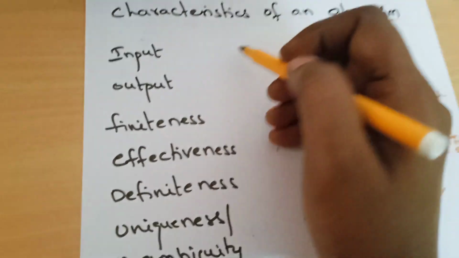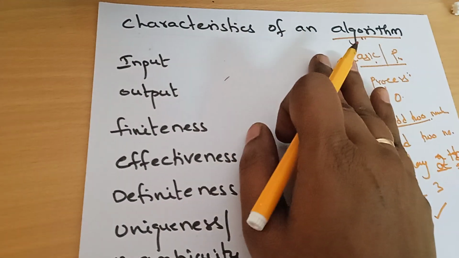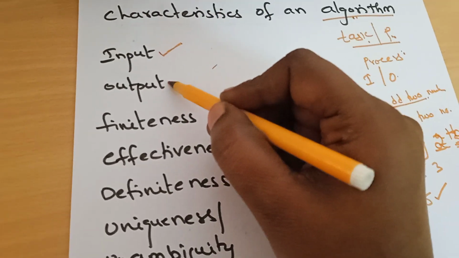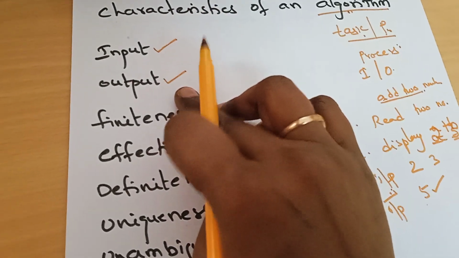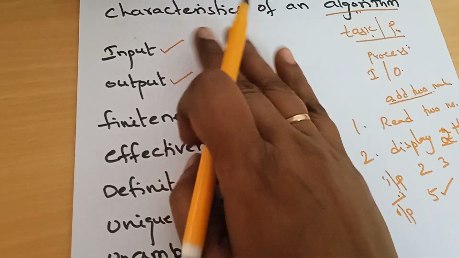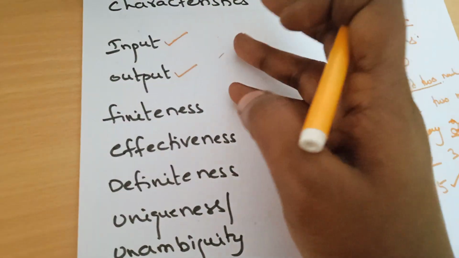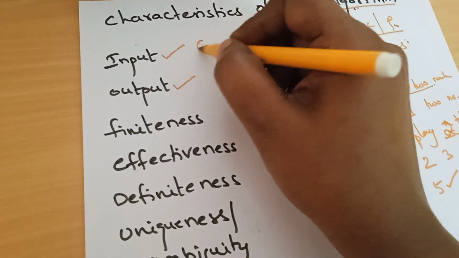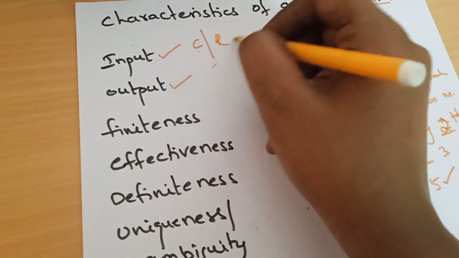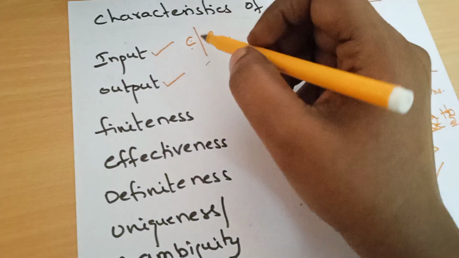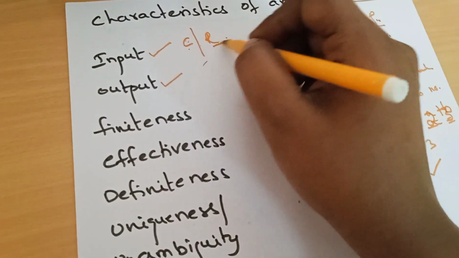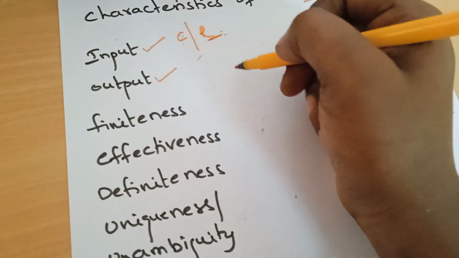Now let's see the general characteristics of an algorithm. Every algorithm will have some input, and definitely it should have an output. Input may or may not be there. If your input is already given, we usually call it, as you might have studied in C language, a compile time value, and otherwise a runtime value.